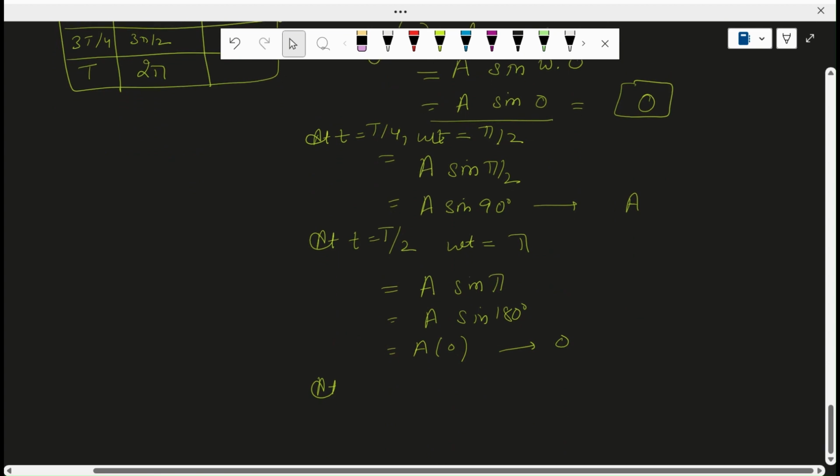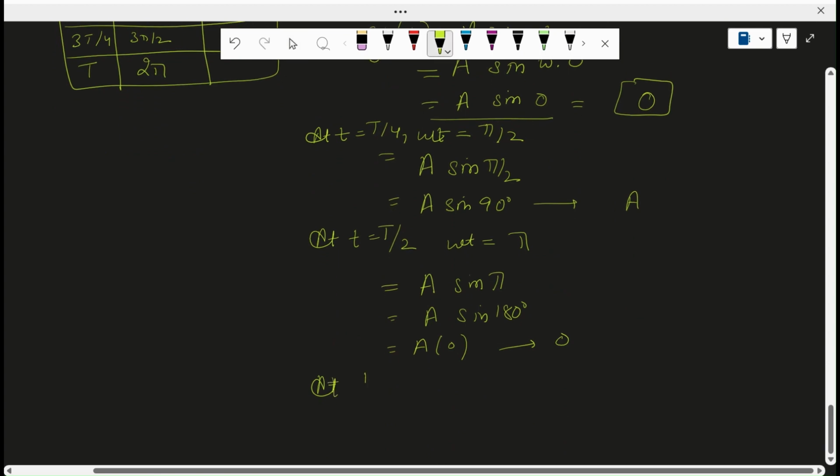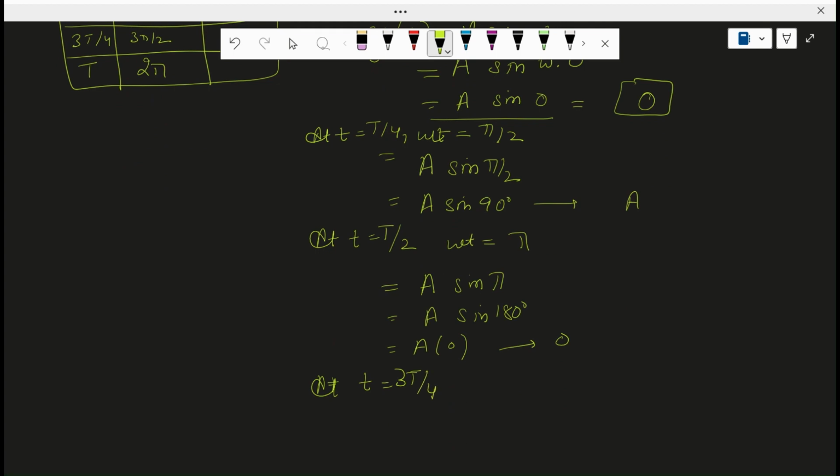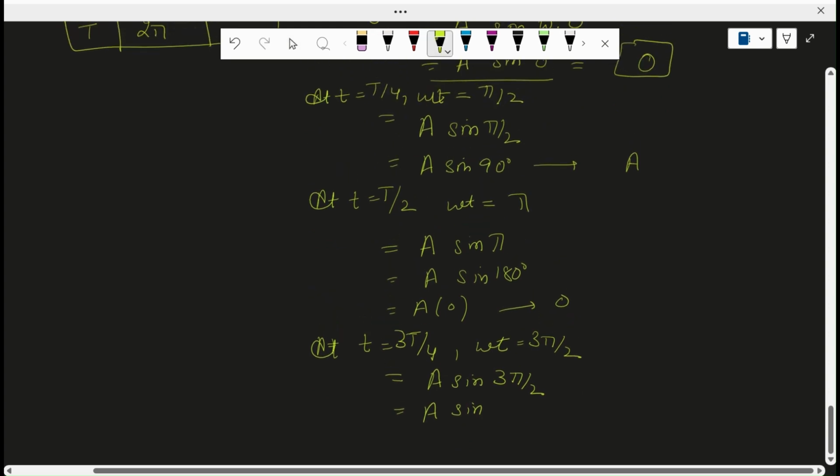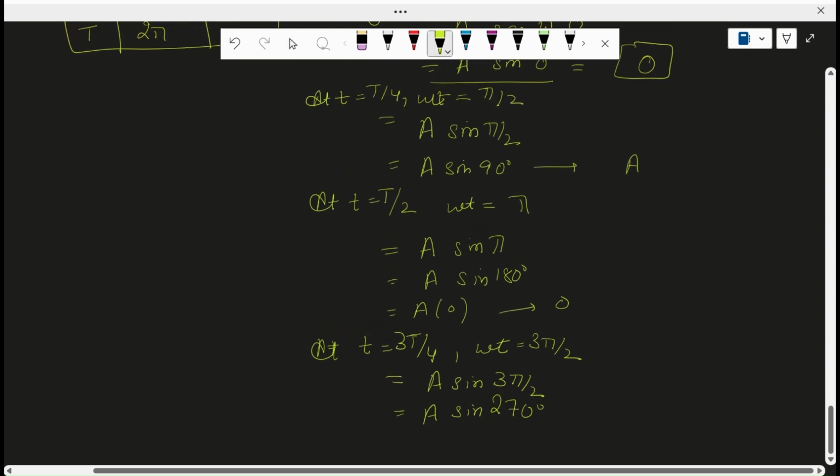Moving on further, at t is equal to 3T by 4, we have omega t, or phase, equal to 3 pi by 2, and the value we attain is A sine 3 pi by 2, right? If we calculate in degrees, that will give us 270 degrees.